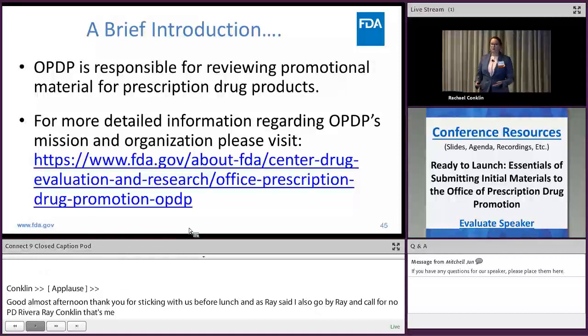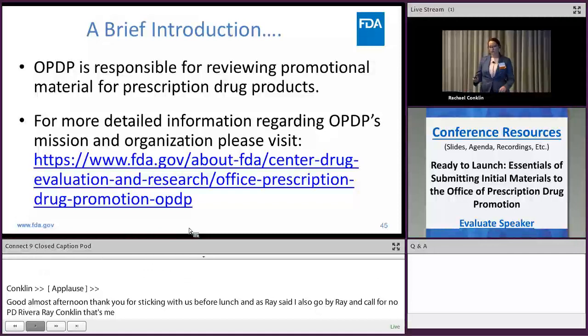All of that information is provided in detail through our guidance documents, frequently asked questions, references and everything on OPDP's page on the FDA website, which has been newly redone. It looks great. So please visit that page if you have questions about our mission, our organization, all of that good stuff.